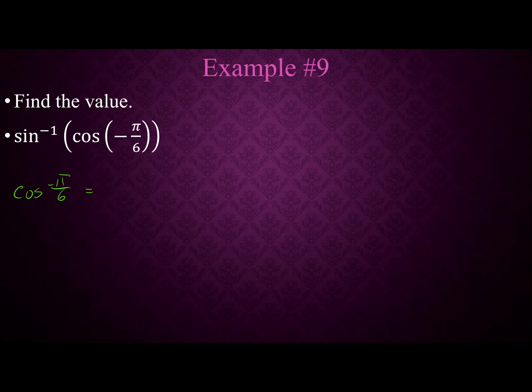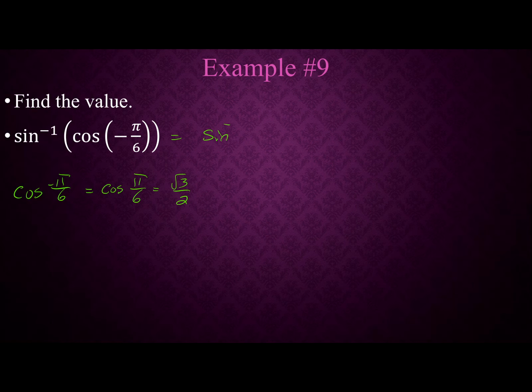The way the negatives work for cosine, and this only works if it's cosine of an angle, is that the negative actually cancels out, whereas it was pulled outside for sine and tangent, as we're going to learn in Unit 7 with the different fundamental identities for trig. Cosine of negative pi over 6 is equivalent to cosine of pi over 6. Well, cosine of pi over 6 is closest to the x-axis, so it's root 3 over 2.